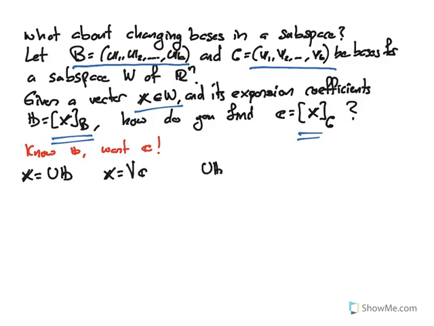So UB is equal to VC, where of course U and V are the matrices whose columns are formed by the respective basis vectors. But now the problem again is that U inverse does not exist, because U is rectangular.